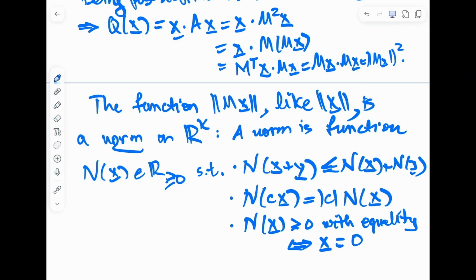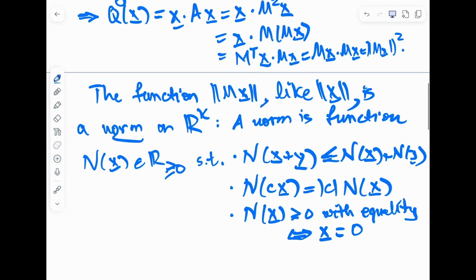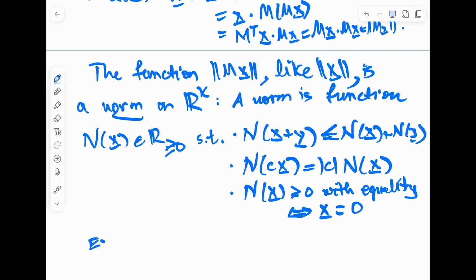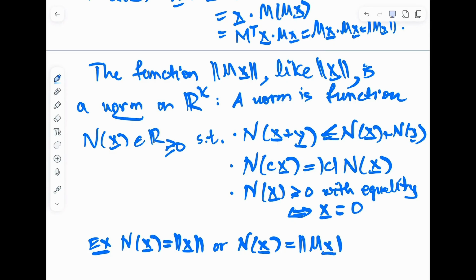And if you hit a vector by a fixed invertible matrix and then take the length, then you also have a norm. So examples could be N of x is the length of x, or N of x is the length of Mx for some fixed invertible matrix.